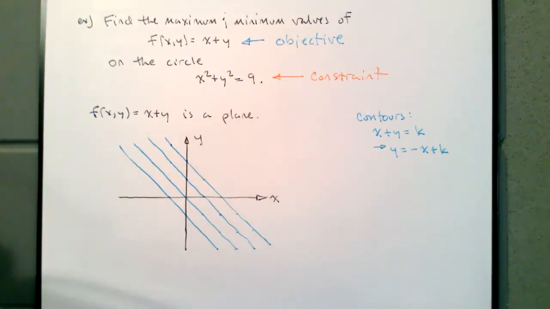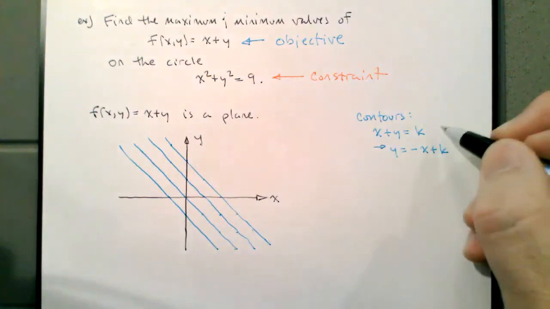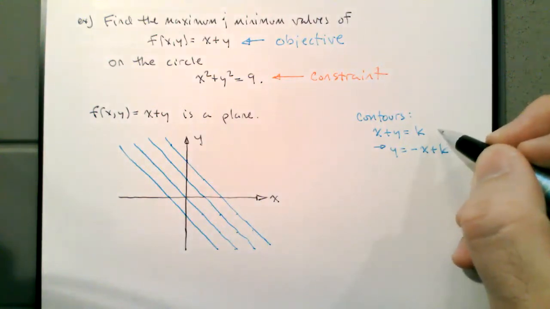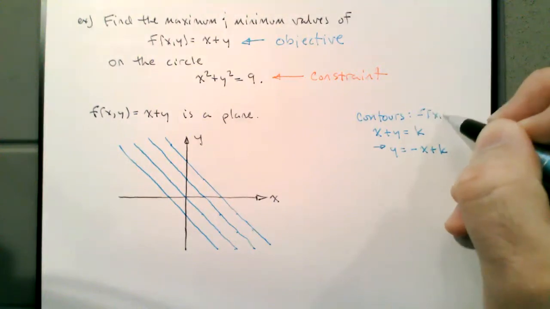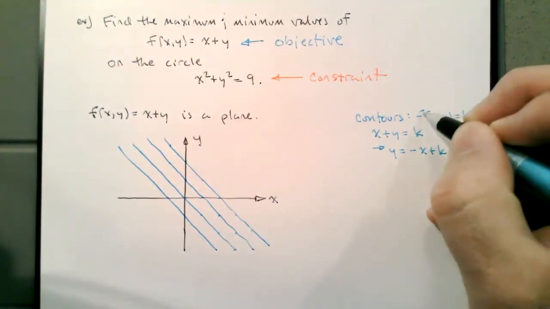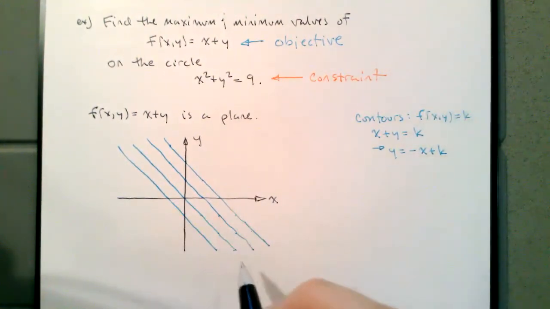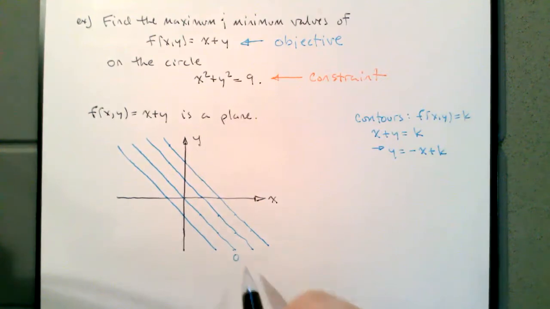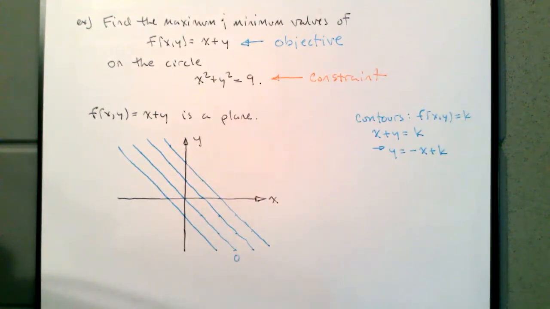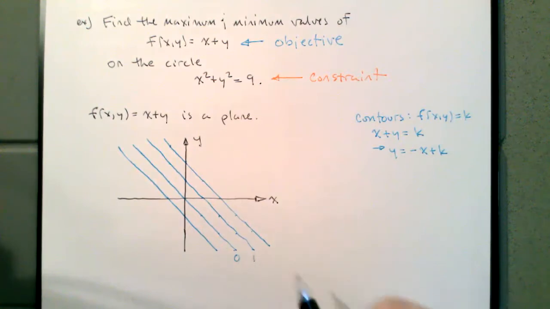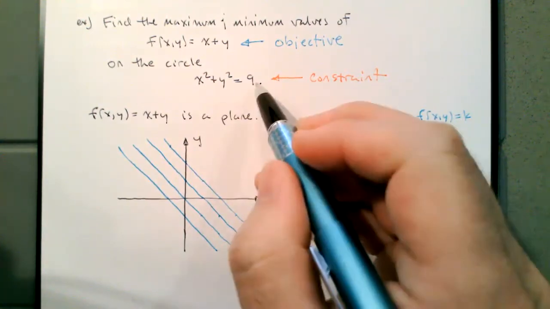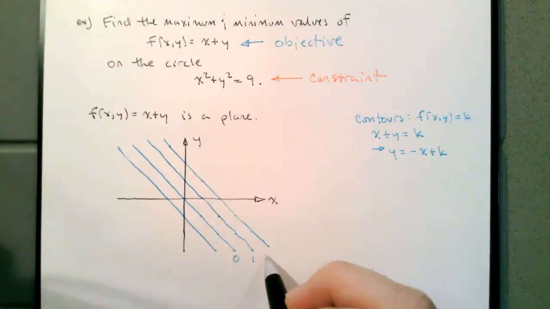So these are going to be different values for the function. Notice that the contours are the value of the function equals some constant. So through the origin, this is where f of x is equal to 0. If my y-intercept is 1, there's my 1. I should have spread them out more because I picked a 3 for the radius, but that's all right.